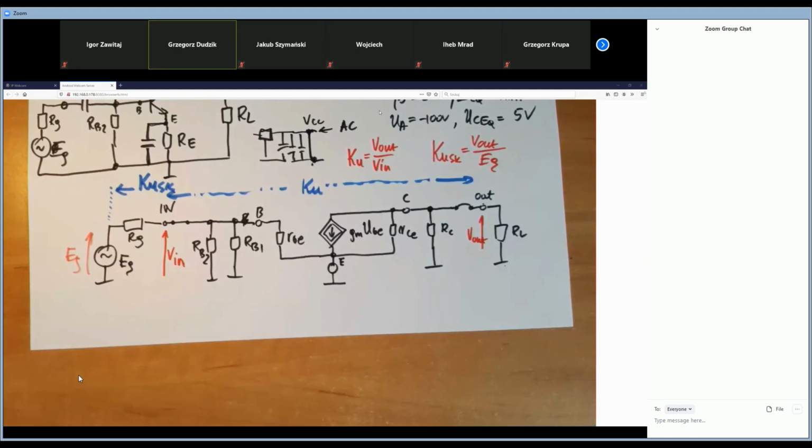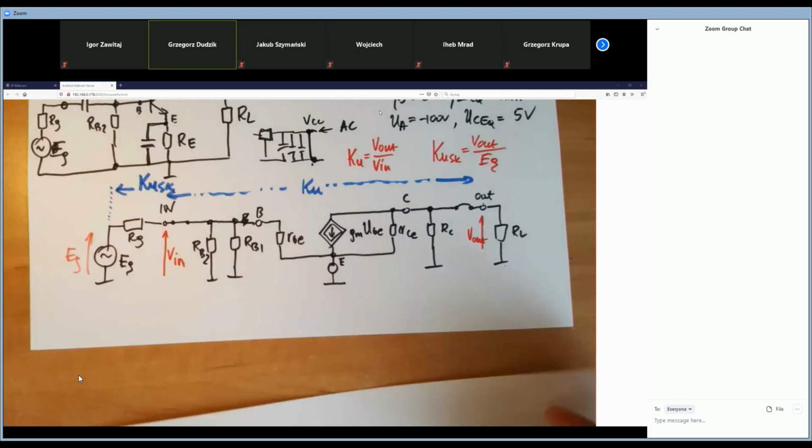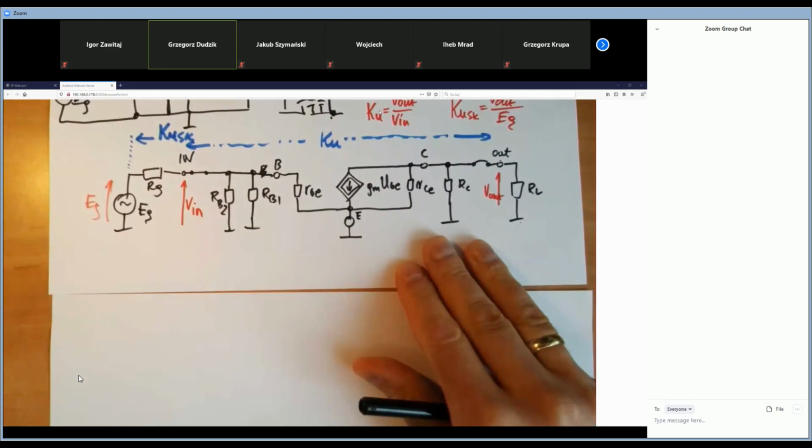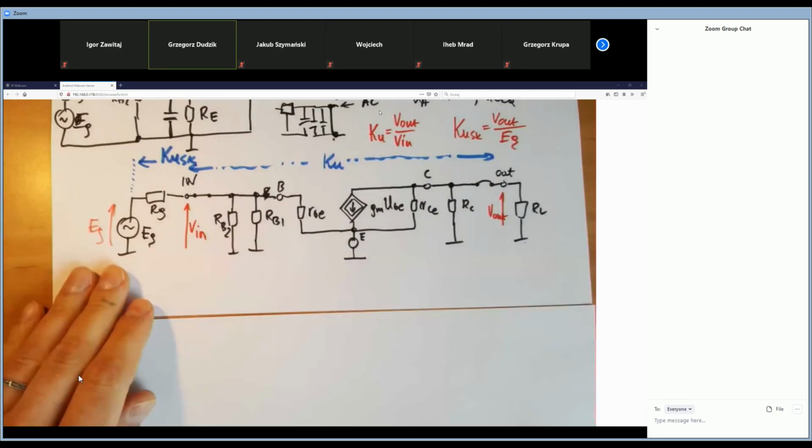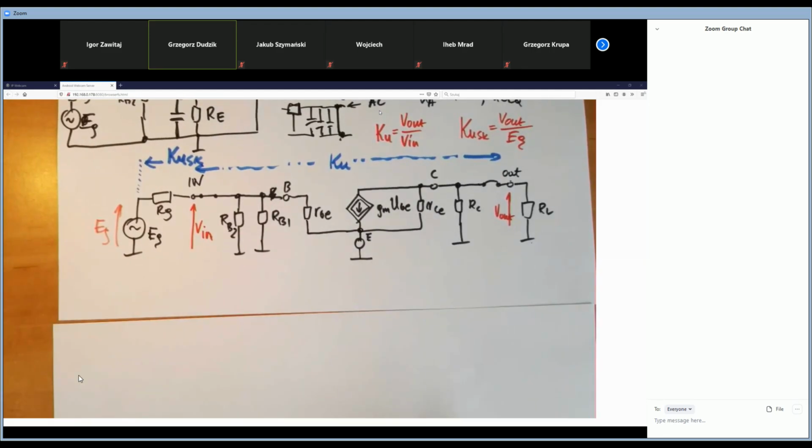Okay, so first of all, let's calculate, for example, the effective voltage gain.